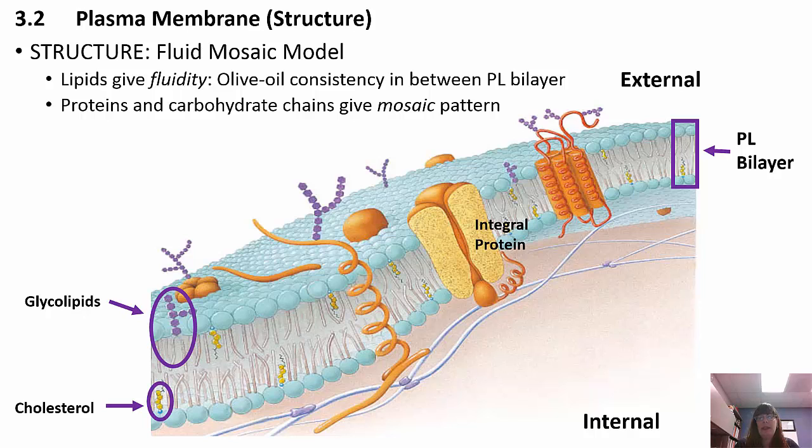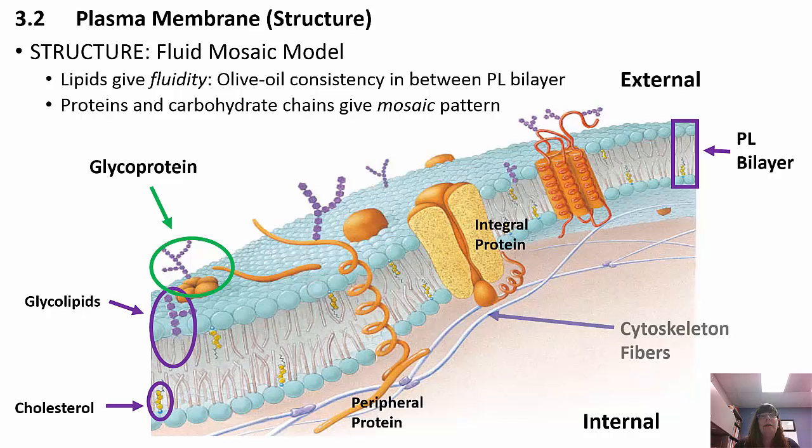And peripheral proteins are proteins that do not go all the way through it, they just kind of hang out on the one side or the other of the plasma membrane. And then glycoproteins. Cytoskeletal fibers are fibers that kind of hold it in place and also allow other things to attach. And carbohydrate chains, as I said earlier.